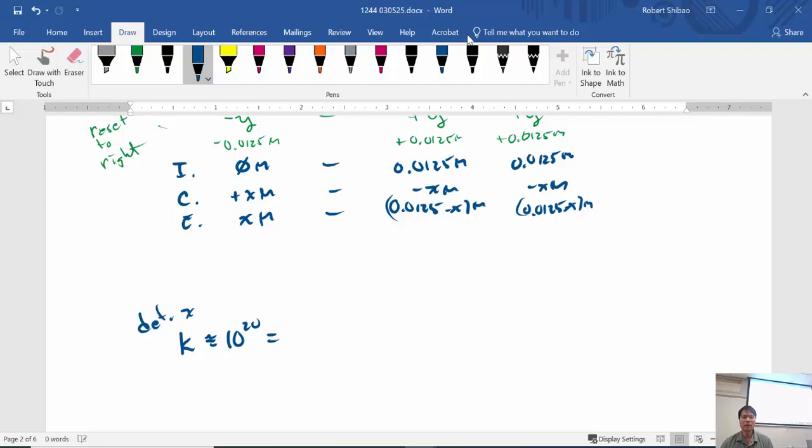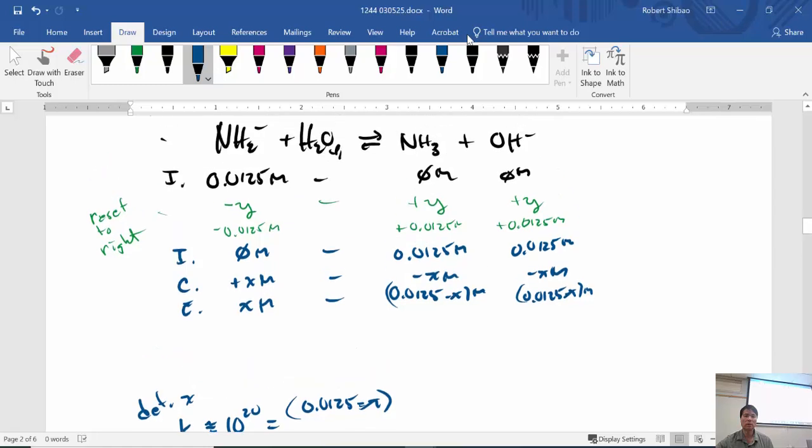This is going to equal the ammonia concentration, 0.0125 minus x, times the hydroxide ion concentration, so this is going to be squared here. This is going to be divided by the amide concentration, which is just x.